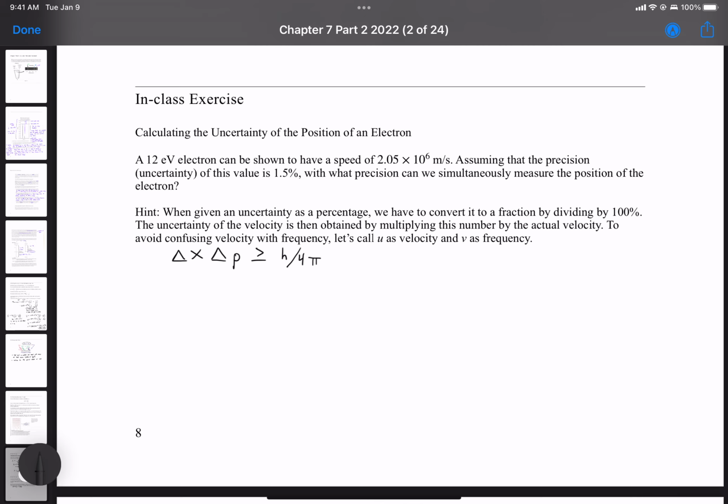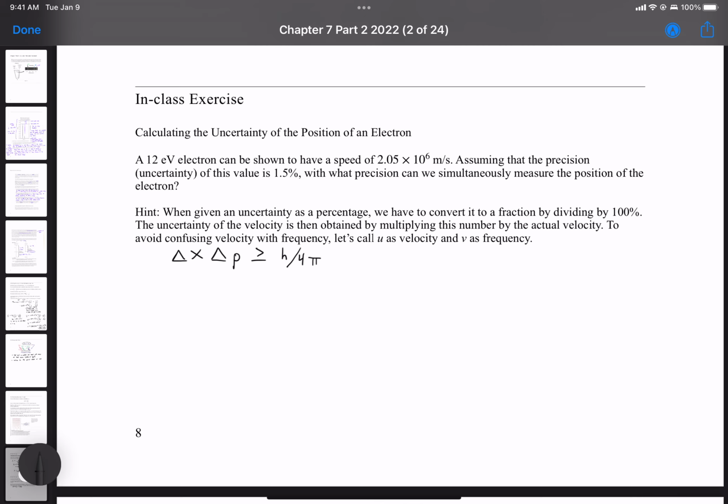For our purposes, just think of this as a constant, a limit to the certainty that we can know both the velocity and the position of a particle. It's really small, but we can't know both of them at once.